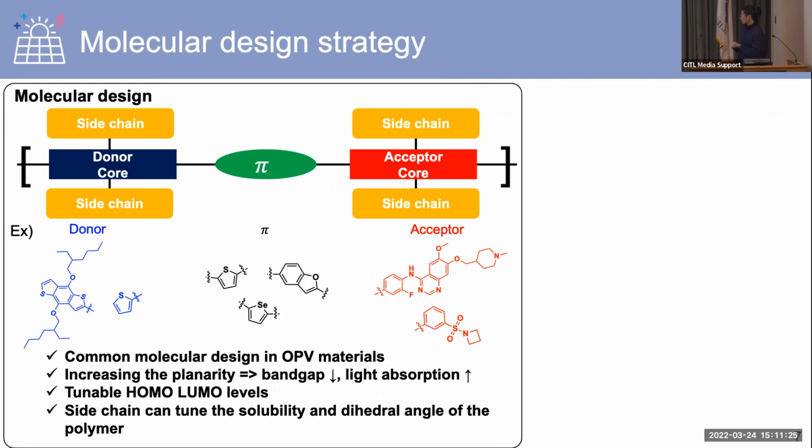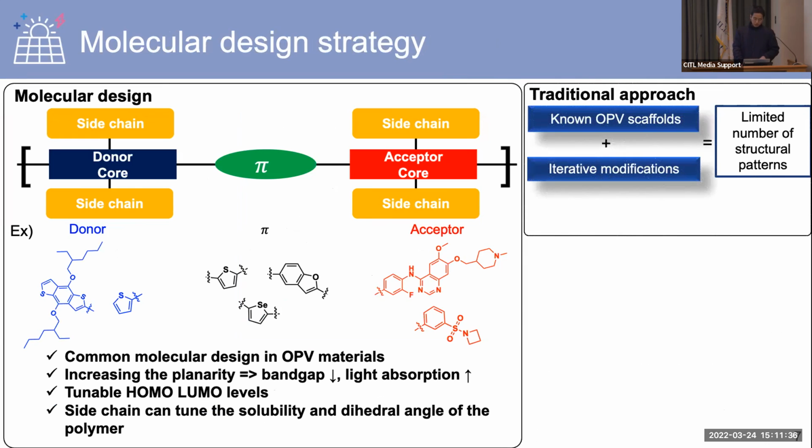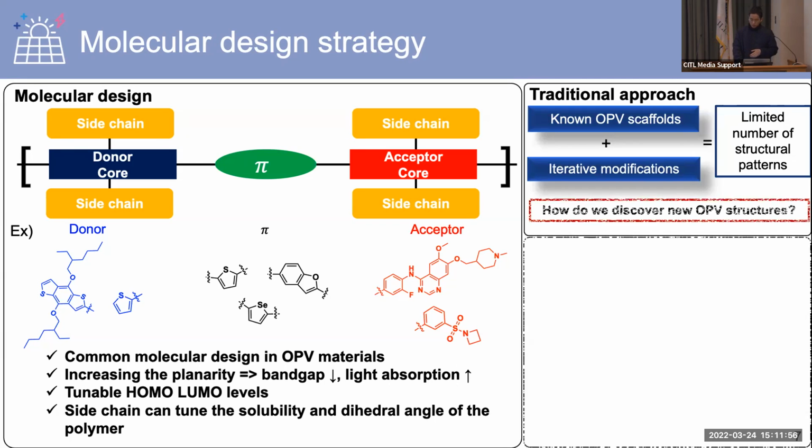The second strategy is the donor-pi-acceptor molecular design strategy. This is very common in the OPV field, but past research using this kind of molecular design has only dealt with a limited number of structural patterns. This means there is still a large area of unexplored molecules in the OPV field. So we are using three approaches to investigate this large unexplored area.